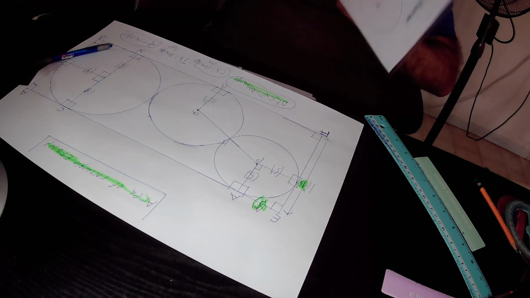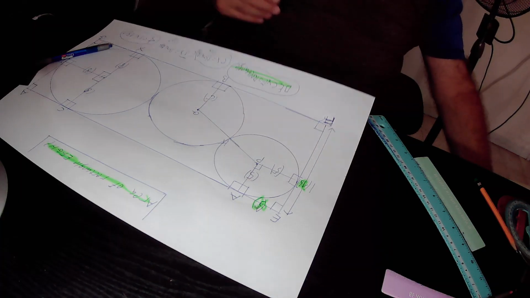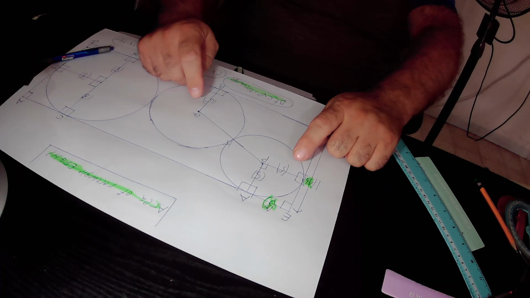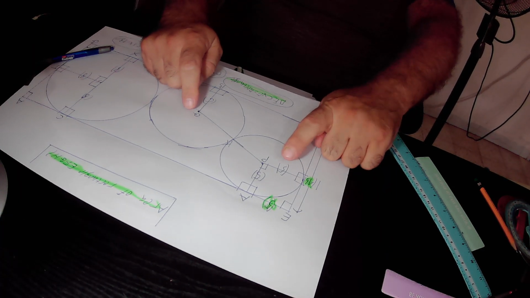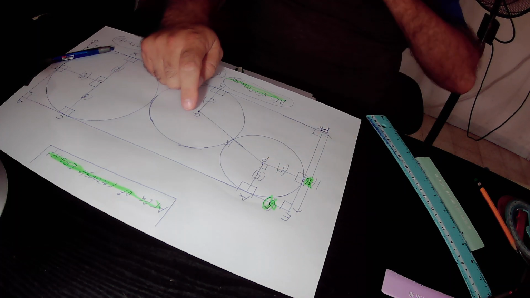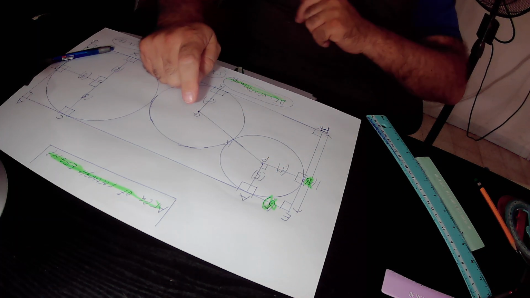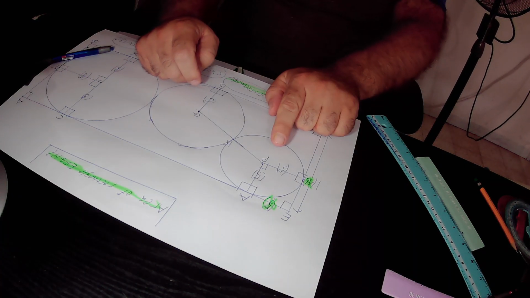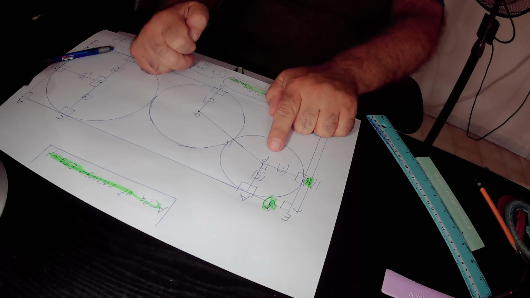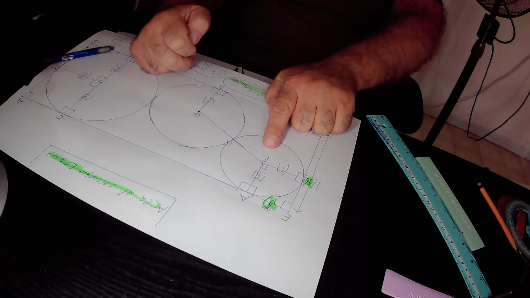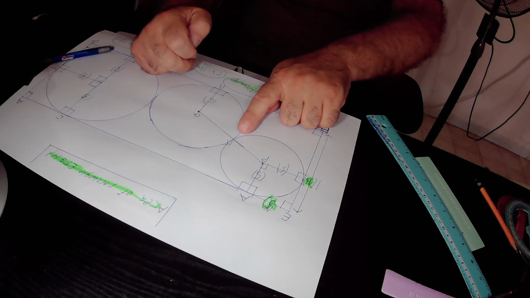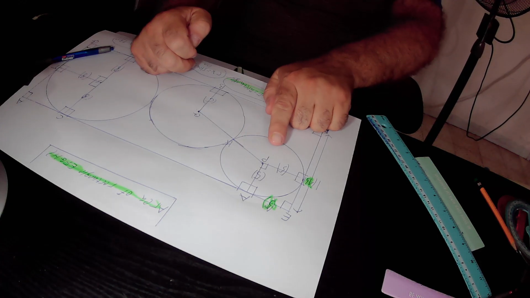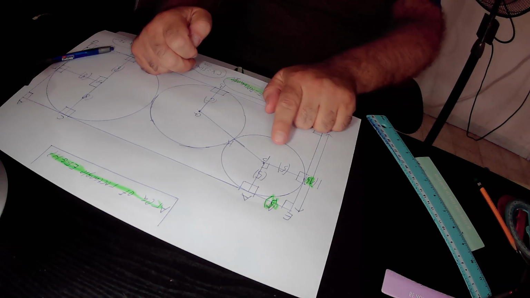So we can implement rule 10 in our drawing, because in our drawing we have an external touch between the medium circle and the small circle. That is to say, they touch each other externally at point K. So according to rule 10, the straight line PQ must pass through point K, that is their touching point, or PKQ is one straight line.